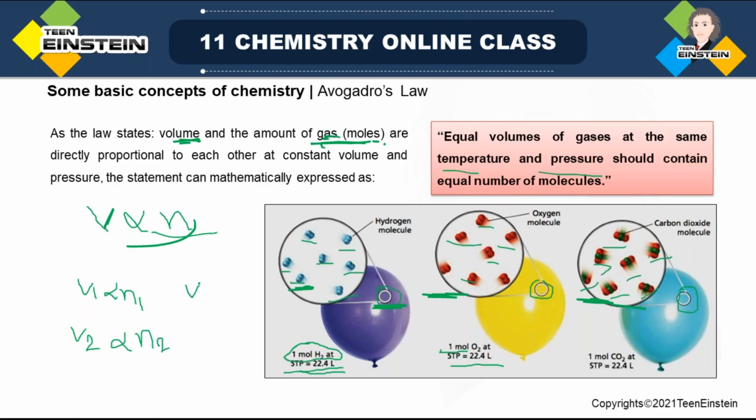Under this condition, we can say that V1 by N1 equals V2 by N2. So this ratio is always constant, which means it is directly proportional.